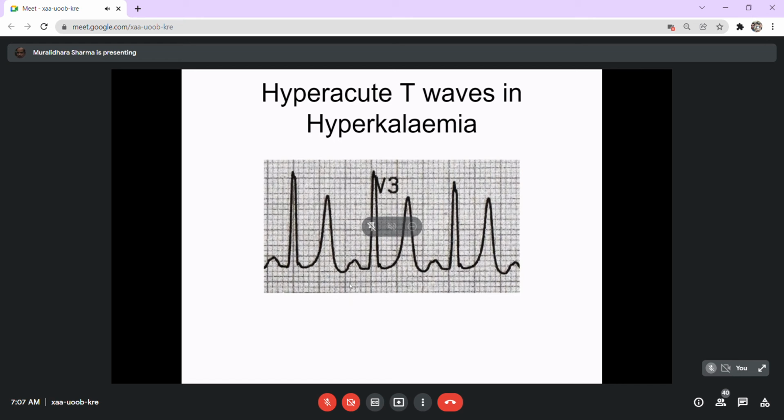So at times you may find some difficulty in making out the differences between hyperkalemia and infarction. In such conditions, you have to depend upon the biochemical parameters. Biochemical parameters are mainly the cardiac enzymes. Whenever there is a destruction of the heart muscles, the enzymes present in the heart would be released, and among them the most important are creatine kinase, CK-MB, and troponin.